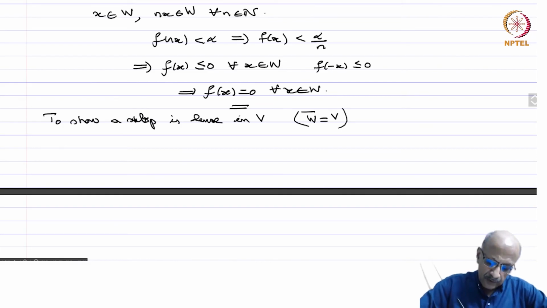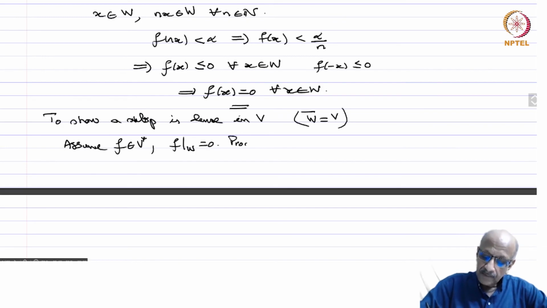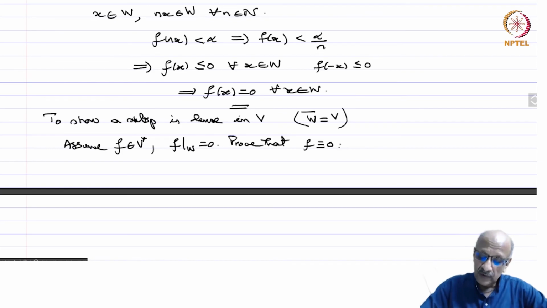So assume f is in V star, f restricted to W equals 0. Prove that f is identically 0. This is the way we use it, because if W bar is not equal to V, you can always find an f which is not identically 0.